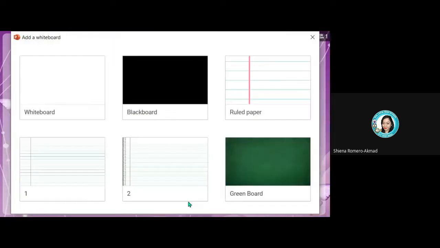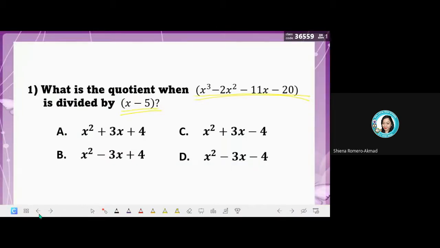Okay? So, let us have, ano mas maganda? So, can you please type the given? Sige, mamaya na lang. Kasi tatagalan tayo eh.